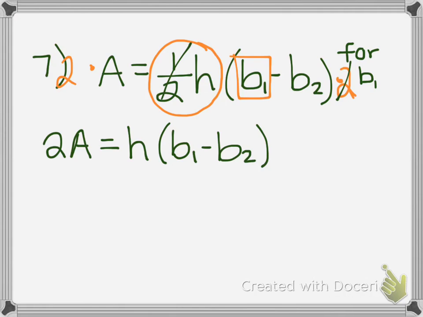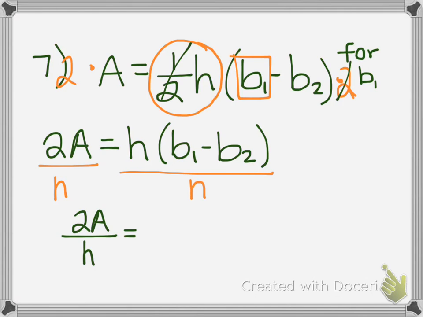Now we need to get rid of the h. And since it's being multiplied, we're going to divide by h. So I have 2a divided by h equal to b sub 1 minus b sub 2.